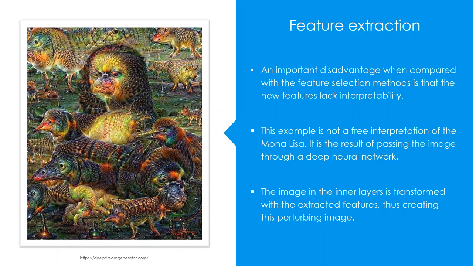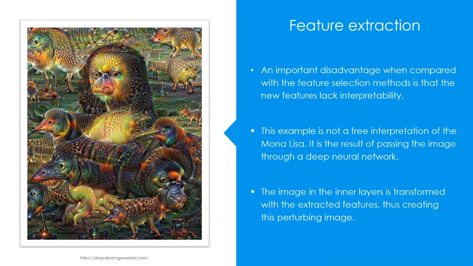So this is something we can visualize, but I'm not so sure whether I'm comfortable with this image. And for sure, this is something that is not so easy to understand.